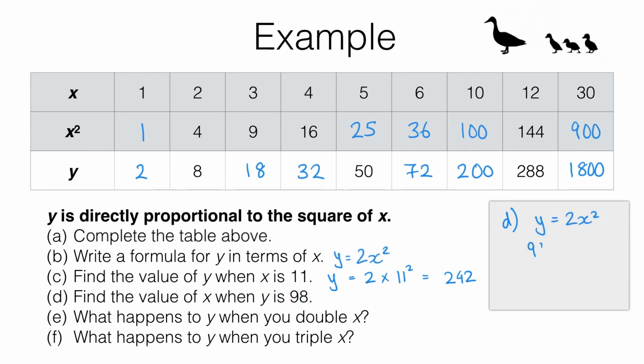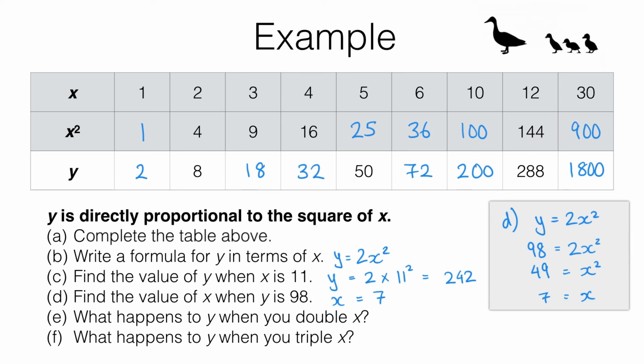So substituting that 98 in, we get 98 equals 2x squared. Dividing both sides by 2, we get 49 equals x squared. And assuming we're only dealing with positive values of x here, we get x equals 7. All I've done is take the positive square root of both sides. So we have our solution, x equals 7.